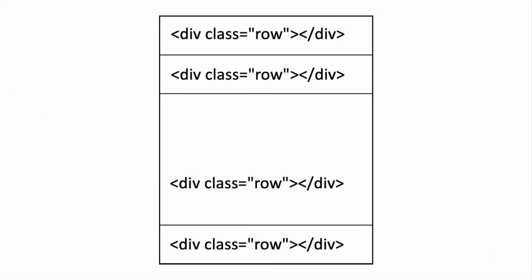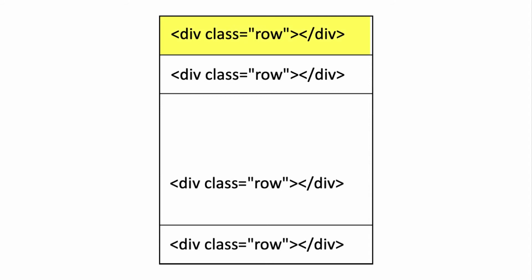The next task we do is to divide our layout into rows within that container. So a row is a vertical section of the design. It's either something where the content takes up the whole width of the page, or it's where you've got columns sitting side by side.